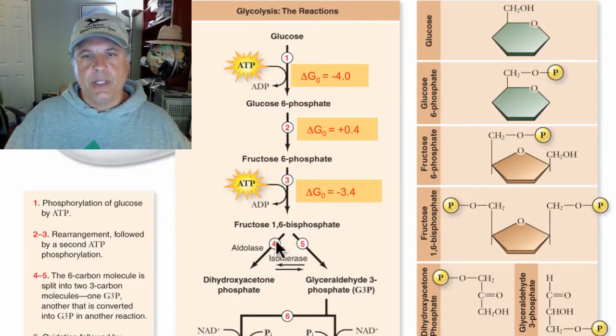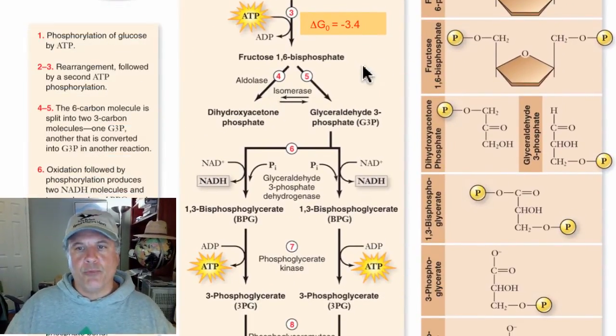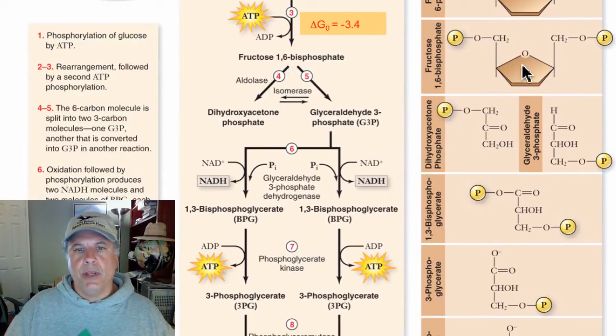And let's first look at aldolase. Aldolase breaks the 6-carbon fructose 1,6 bisphosphate molecule into 2 3-carbon molecules. One is dihydroxyacetone phosphate, and the other one is glyceraldehyde 3-phosphate. So here's glyceraldehyde 3-phosphate over here, and here is dihydroxyacetone phosphate.